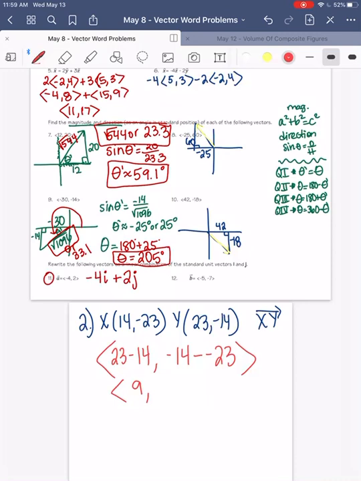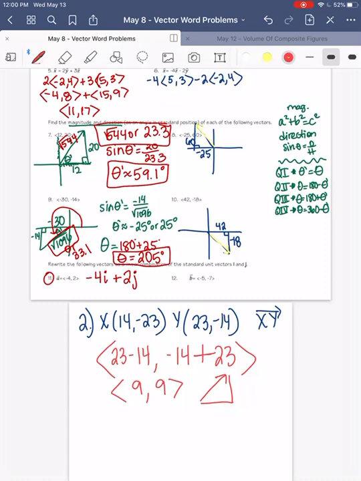I don't want to make any careless mistakes. And then we change that to a double negative, and so that will also become 9. So that's our component form. That means we would go over to the right 9 and up 9, because they're both positive, so our vector would look something like that.